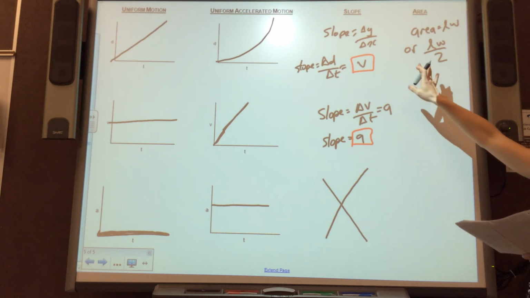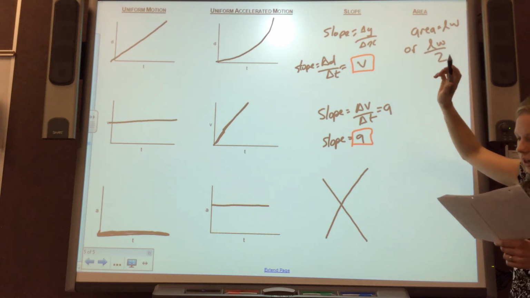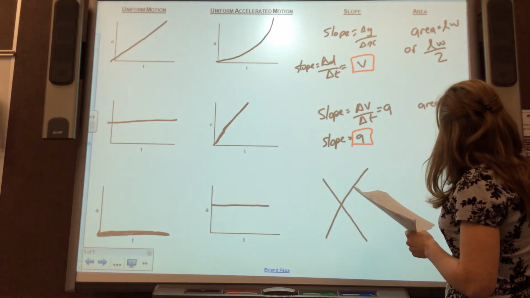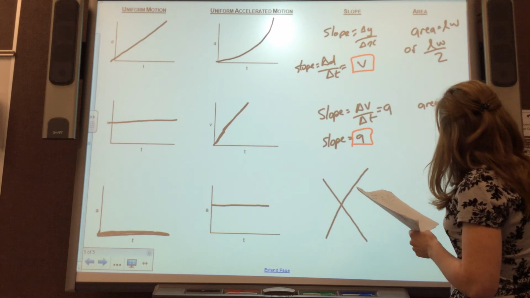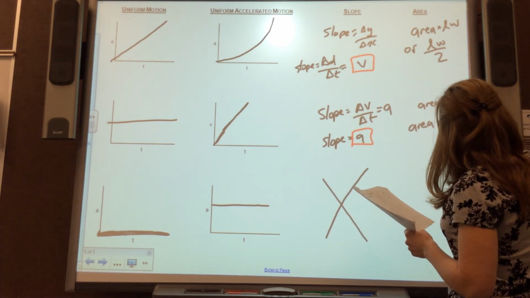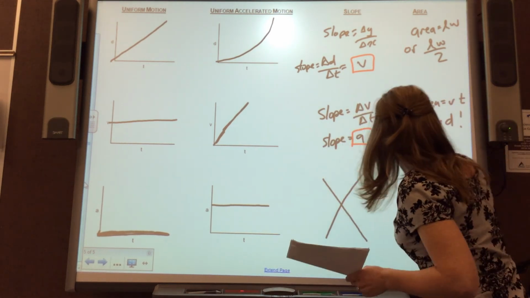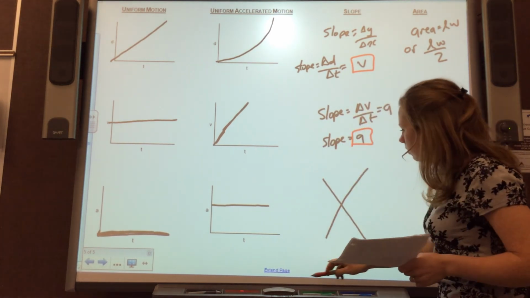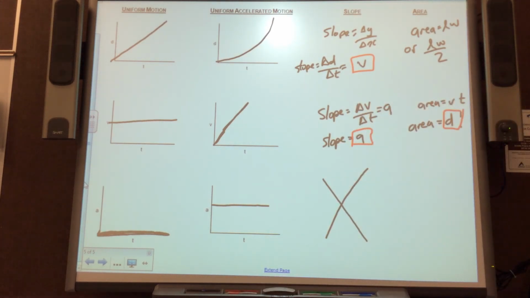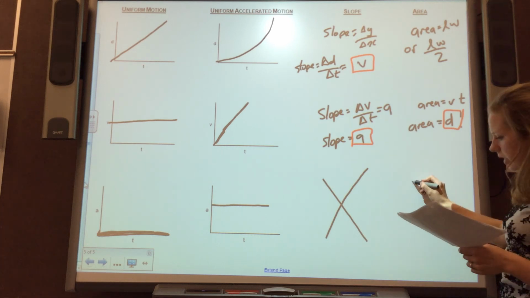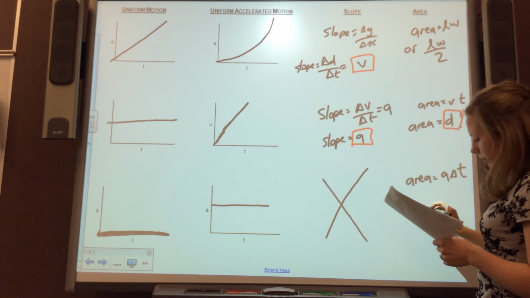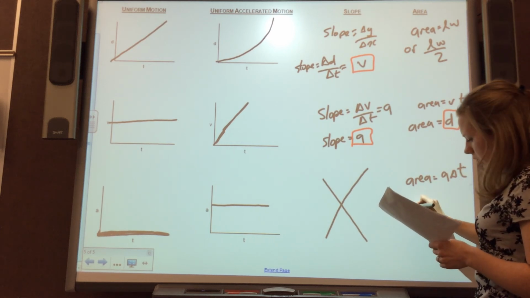I don't really have anything specific for my DT graph for area, but for area for my VT graph, area equals V times T, so my area is D. If I was to find the area of my AT graph, that's equal to V.